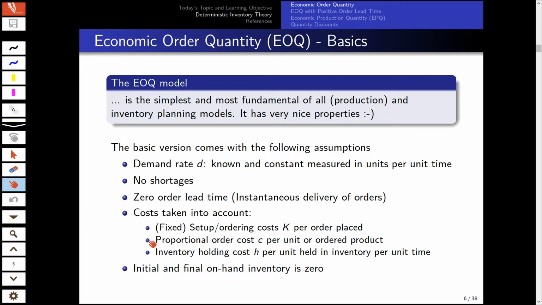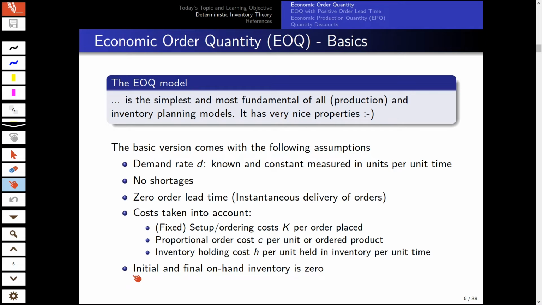We also encounter proportional ordering cost, denoted by C, per unit of ordered product. And we have an inventory holding cost factor H per unit that denotes the cost that it takes us to hold an inventory item per one time unit in inventory.